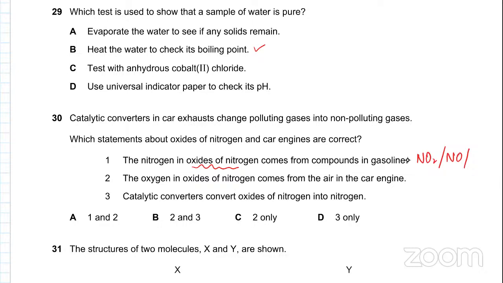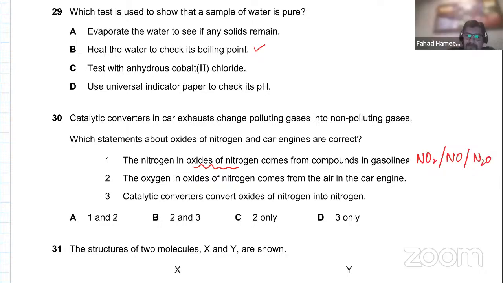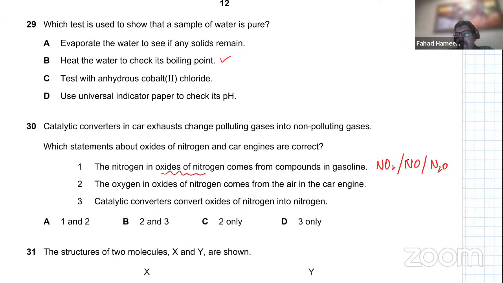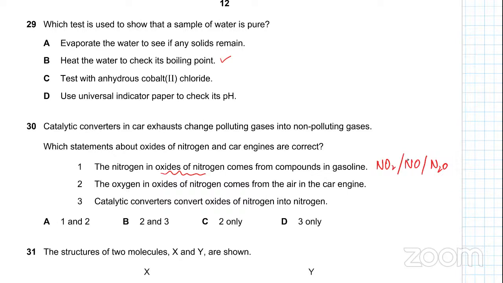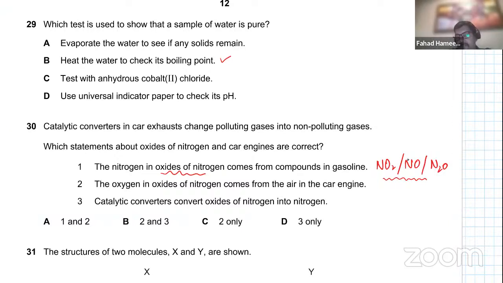Remember they cause acid rain as well. Car engines produce a lot of them. So one is wrong. How are they produced in the atmosphere? Yeah, from the air. Where do you get them?